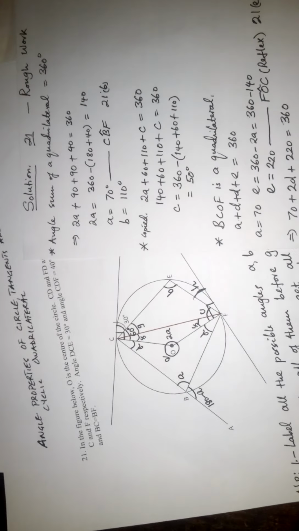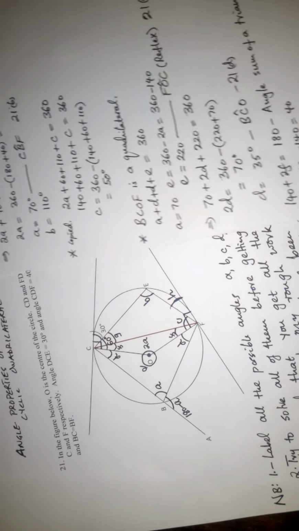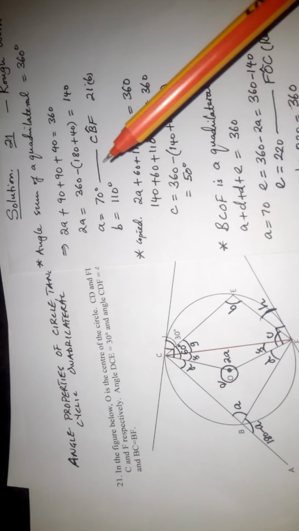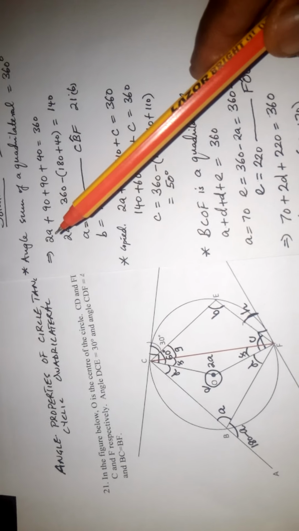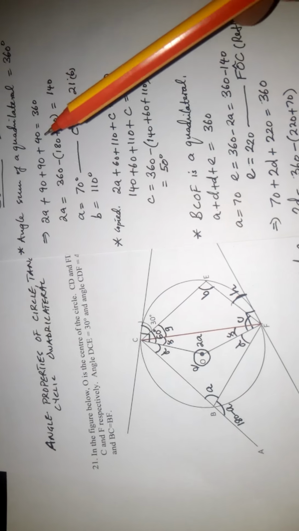All right. Let's look at my rough work here. While I'm dealing with the angles, I've labeled the angles A, B, C, D, and what I'm saying here is 2A plus 90 plus 90 plus 40 is equal to 360.